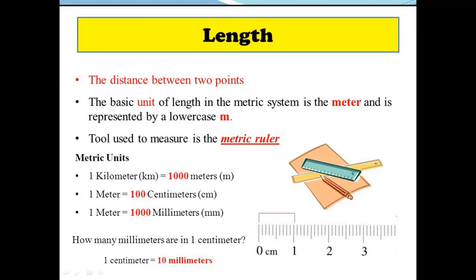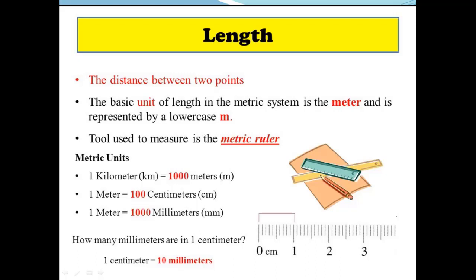You can see the picture here, you can see the scale on the ruler. So here 1 kilometer is equal to 1000 meters, and 1 meter is equal to 100 centimeters, whereas 1 meter is equal to 1000 millimeters.